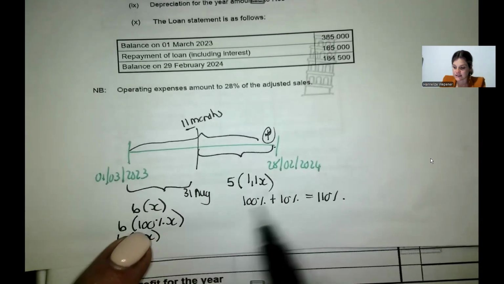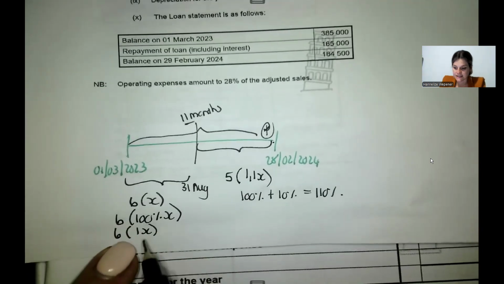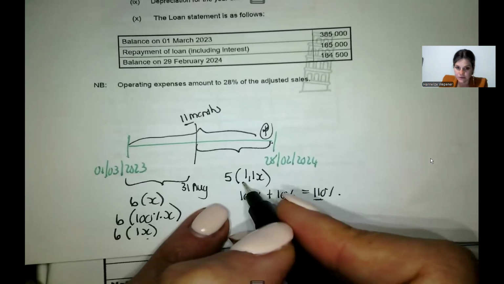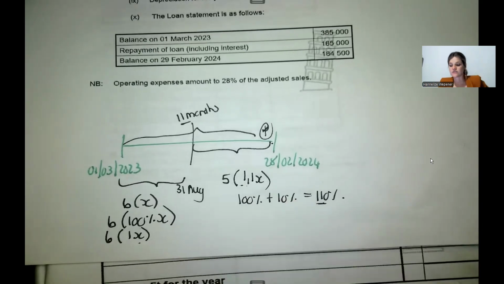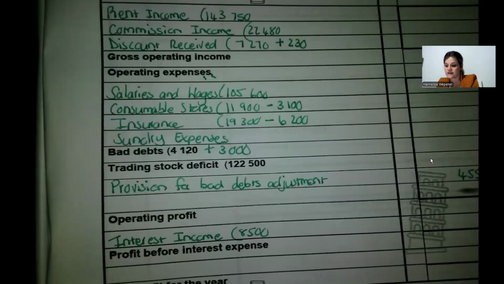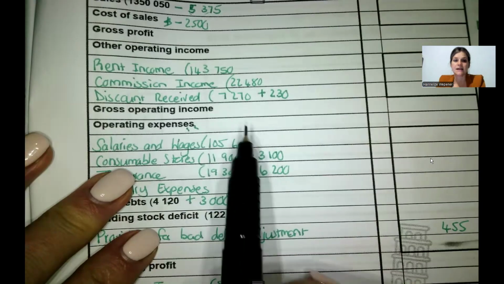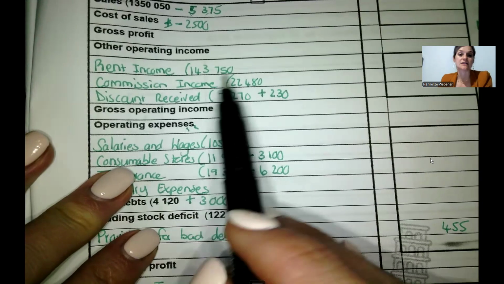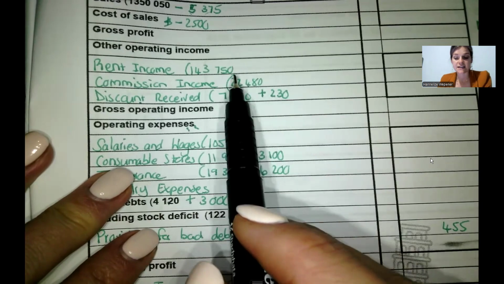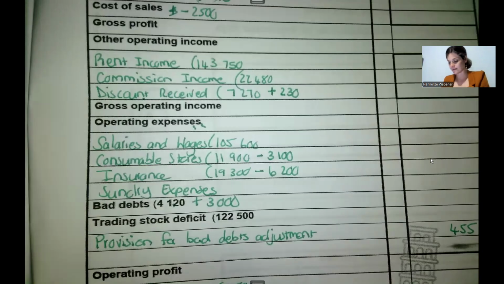And here we are at the 100%. Okay? Then that means that 100% is 1X. Therefore, 110% is 1,1X. Okay, so that is what I received. And all of that added up to the amount that I currently have for my rent income. And I now need to use this to find my monthly rent in order for me to see how much I must include as my accrued income.